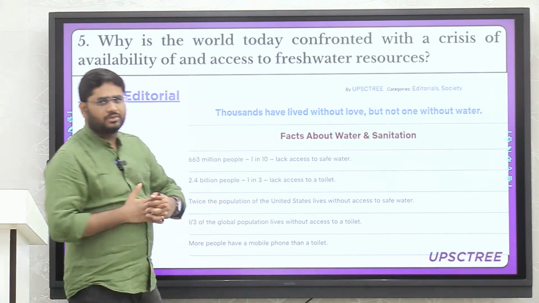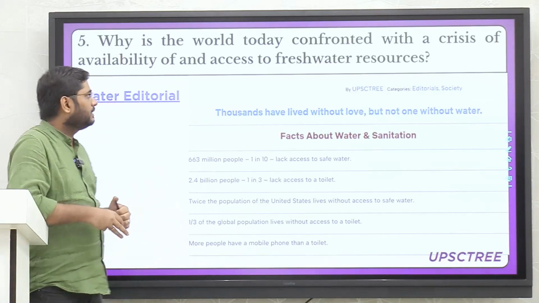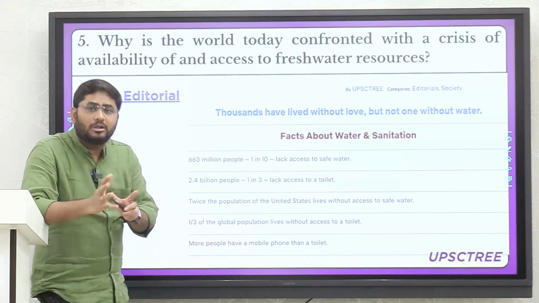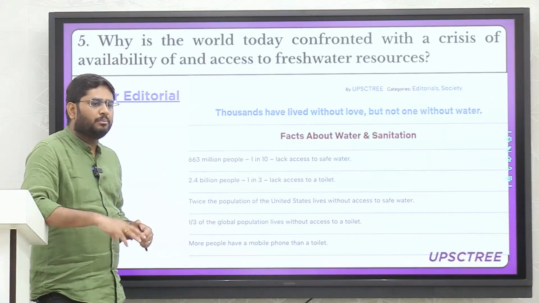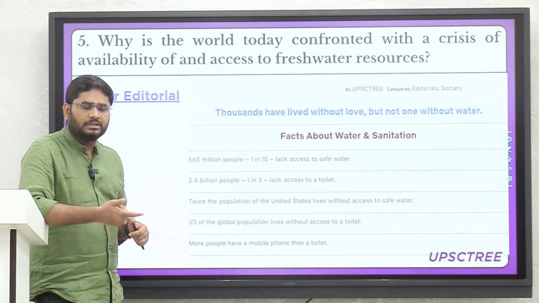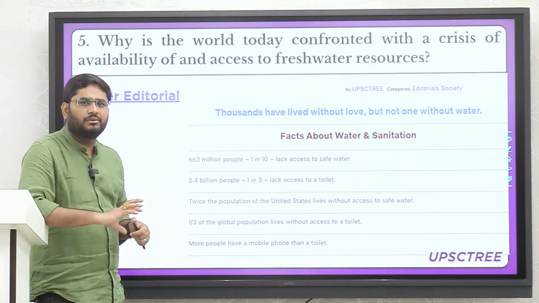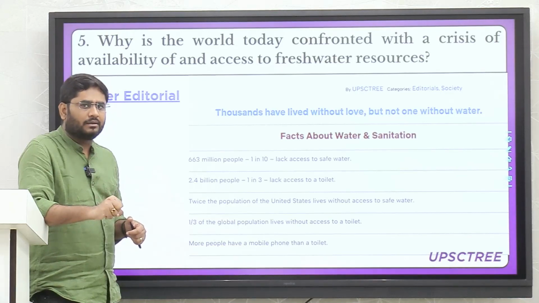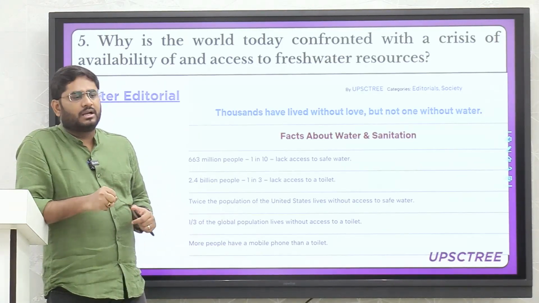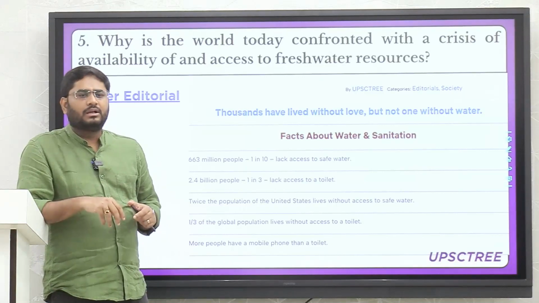Obviously, climate change and global warming is one of the major reasons. Apart from that, diversion of water resources for other purposes, and we are polluting our freshwater resources. Because of our agriculture and our industrial activity, we are using the water, which is essentially a very important life supporting system, and throwing our garbage inside the water.